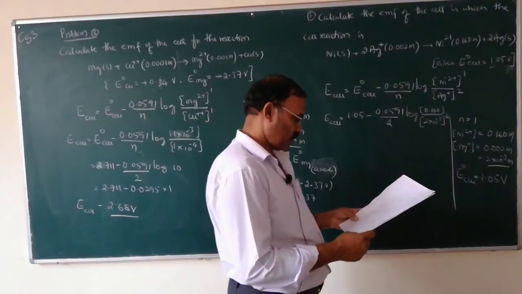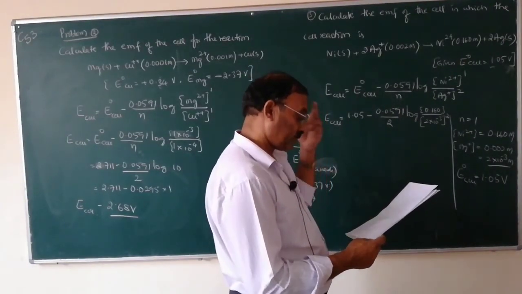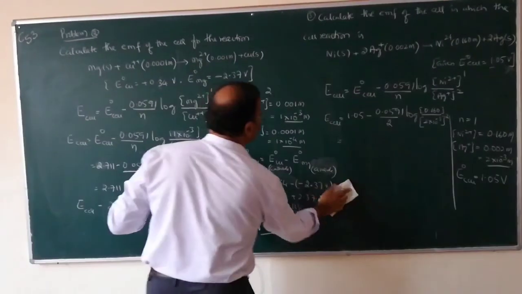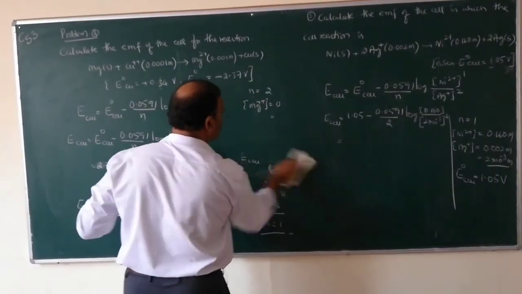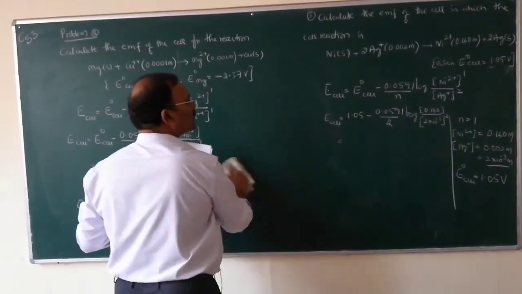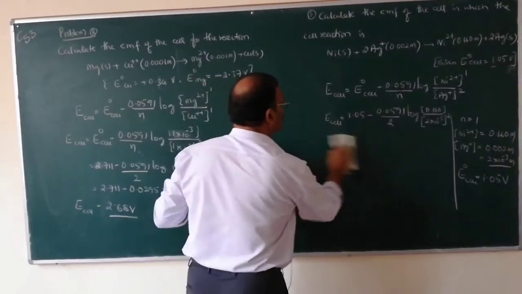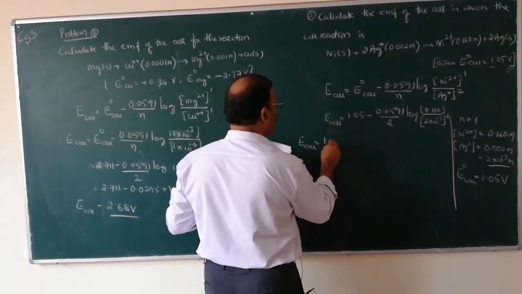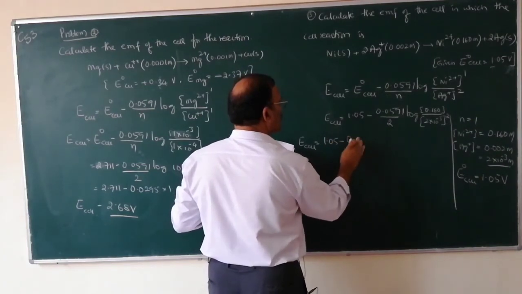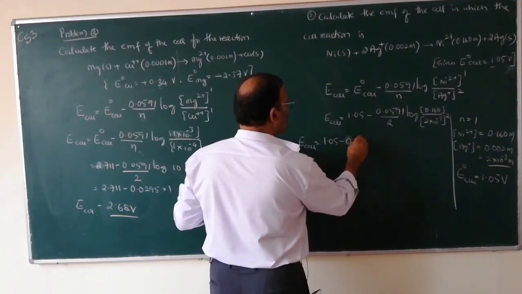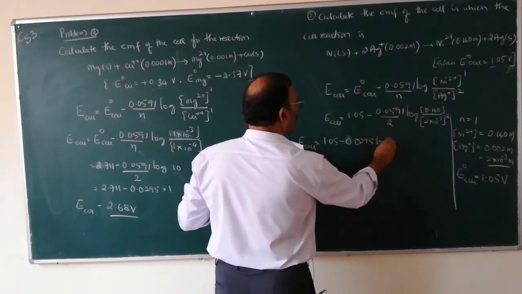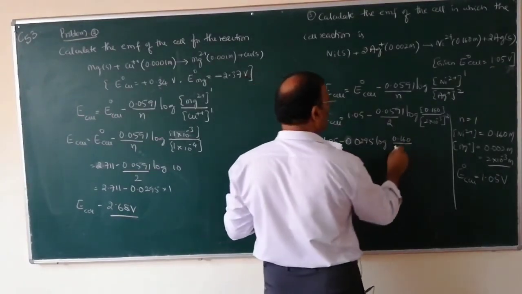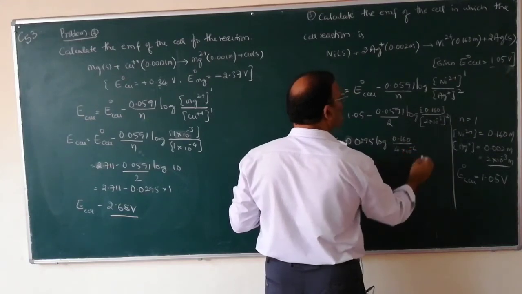To the power of 2. So this one equals E cell equals 1.05 minus 0.0295 log of 0.160 divided by 4 into 10 to the power of minus 6.